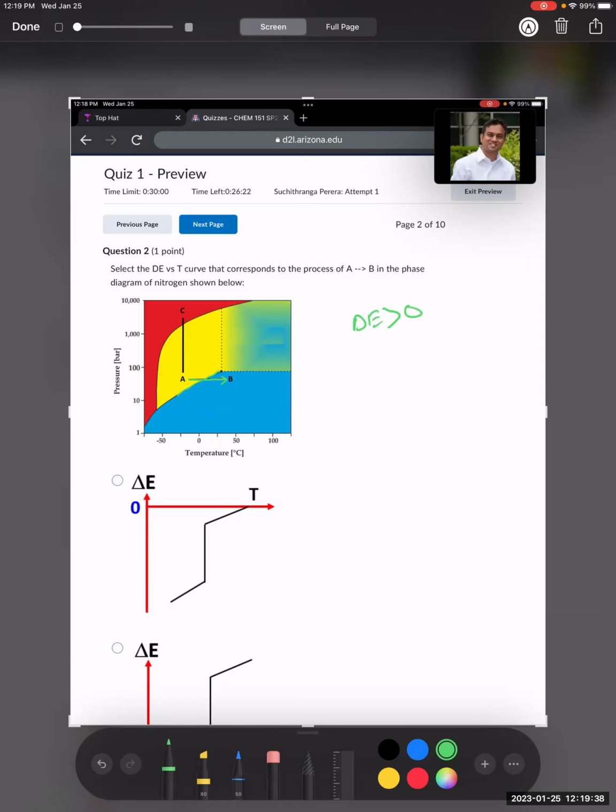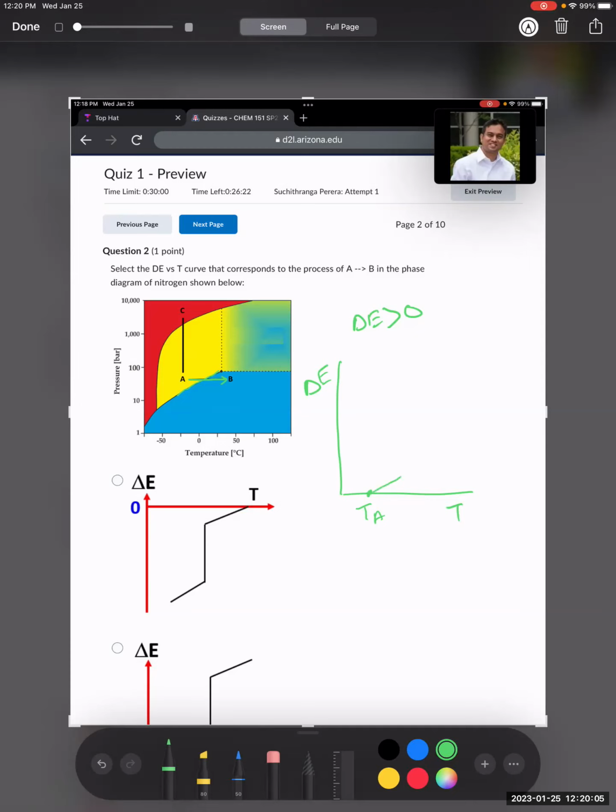And then I don't see all the graphs here. So I'm going to draw my own graph, and then we'll look at what is going on. This is the change in energy, and this is the temperature. We are starting at a lower temperature of TA. When we increase the temperature, energy will be absorbed by the system, and therefore the delta E increases linearly.